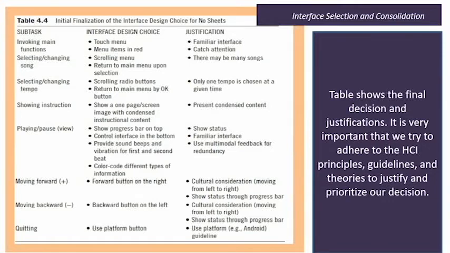The table shows the final decision and justifications. It is very important that we try to adhere to the HCI principles, guidelines, and theories to justify and prioritize our decisions. So this is the initial finalization of the interface design choice for No Sheets. You finalize it: from the subtask, the interface decision choice, then the justification.